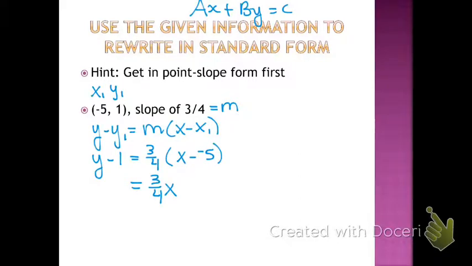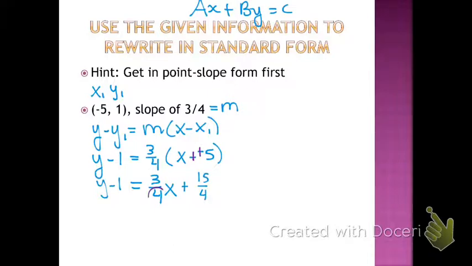And I'm going to combine some steps here. The minus negative 5, we're going to change into a plus positive 5. And then we're going to do 3/4 times 5, and we're going to get 15/4. And now, let's go ahead and try to eliminate these fractions, because we do know that a, b, and c are all supposed to be integers.